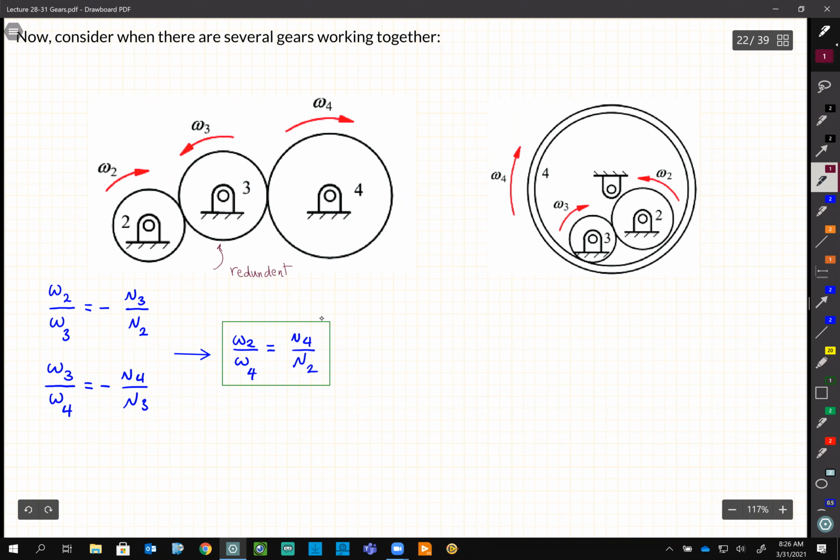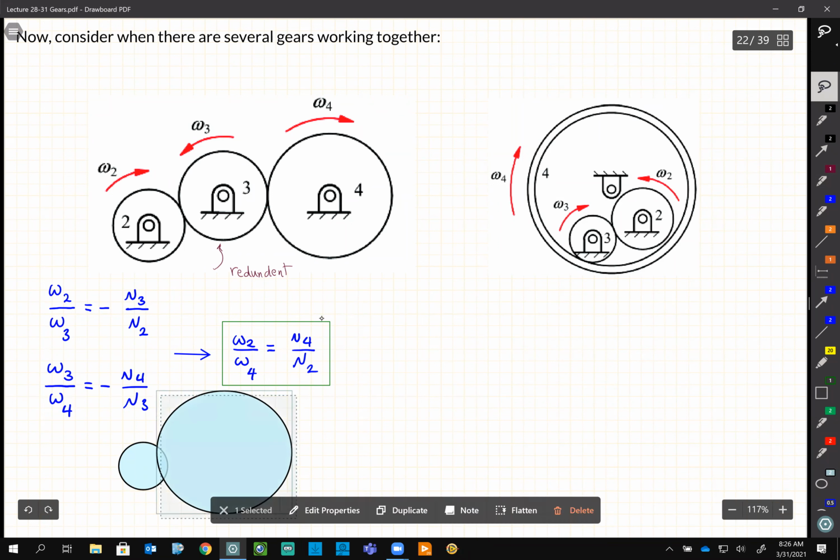However, going always from a small gear to a large gear is not advised, because then it creates a large pressure on the smaller gear. So let's say if I had the same gears here.